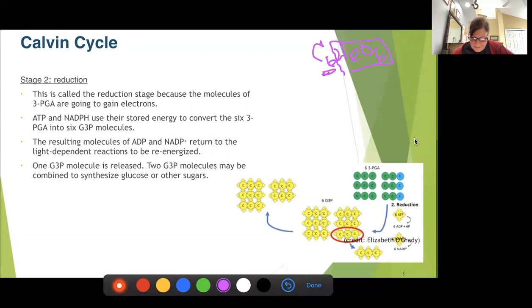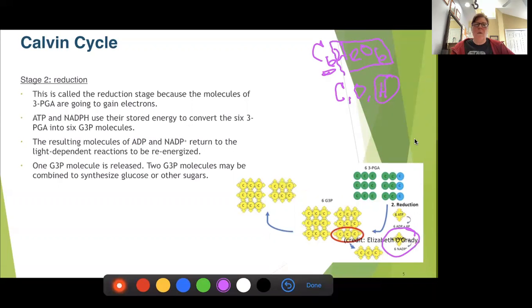Well, I just added carbon and I just added oxygen, but I did not add hydrogen. So where do I get the hydrogen? I get the hydrogen from NADPH. So I'm going to take that NADPH and put that hydrogen onto my PGA, and then I'm going to make what's called G3P. Remember, I got 6 of those.